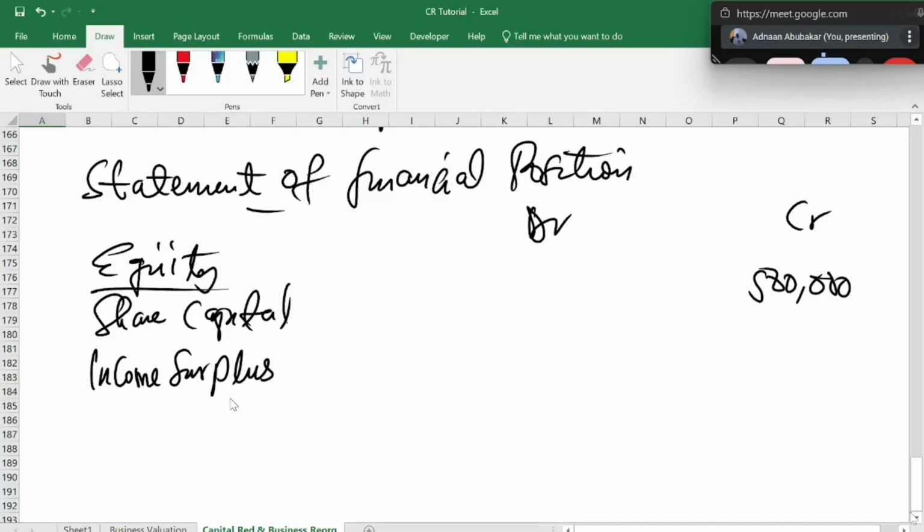Now, income surplus, when a company is cash strapped, it means that the company has been making losses consistently over the period. So if the company is not bringing in any money, then there is no income there to call surplus, because there are losses that it is coming in.